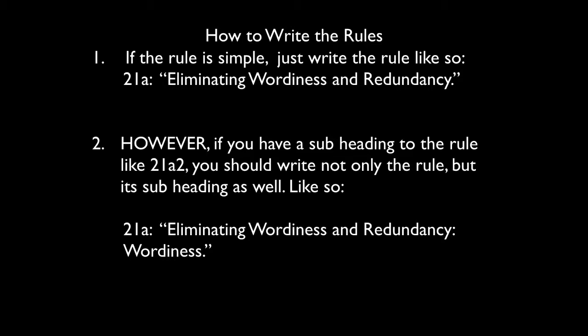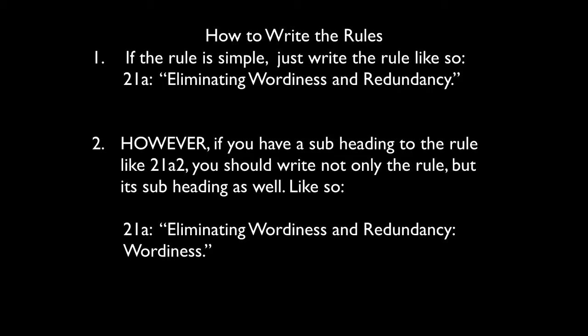Now, how you write the rules. Those of you who've had me before, notice this will be a little bit different. If the rule is simple, like a 21A, you write the subheading: 21A, eliminating wordiness and redundancy. That's what you're going to find on the 21A heading. However, sometimes I'll give you a subheading, which is more specific to a particular mistake you've made.